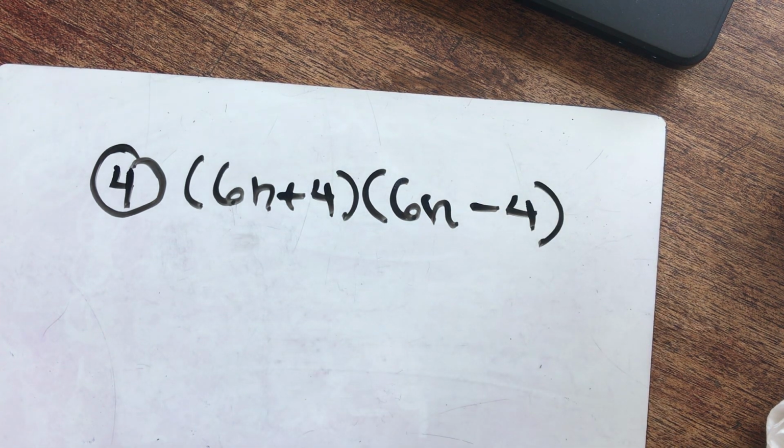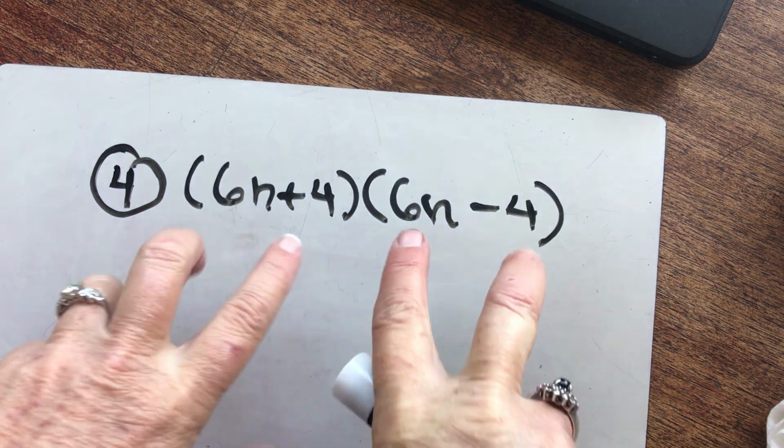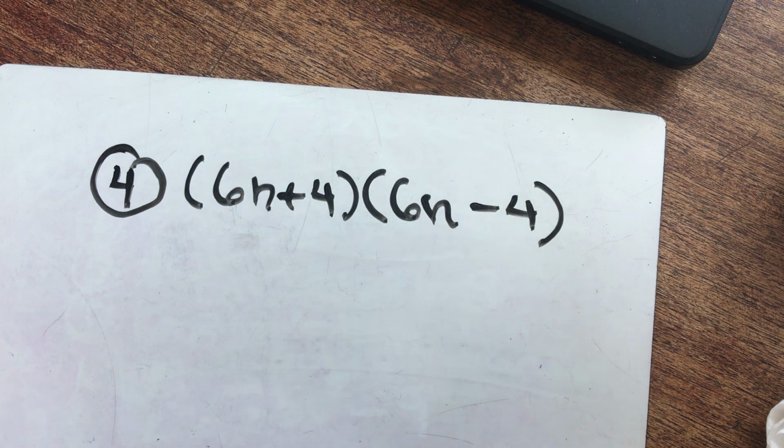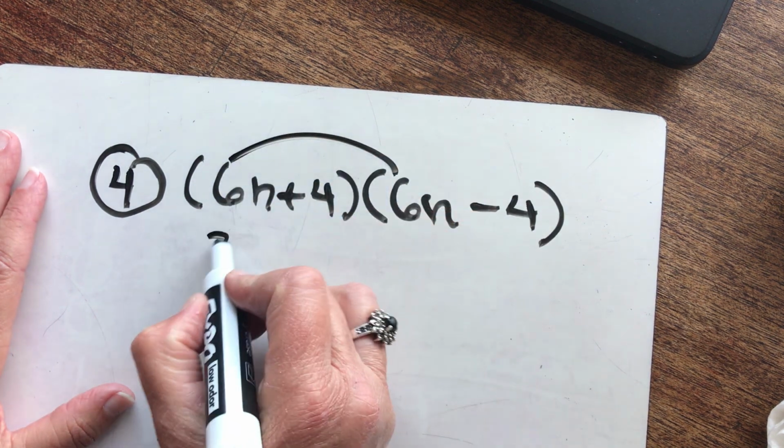What do we have? Do we have the same binomial twice, or do we have that thing called conjugate binomials? Same junk, different signs. Conjugate binomials, we know that the middle term cancels. Let's see.